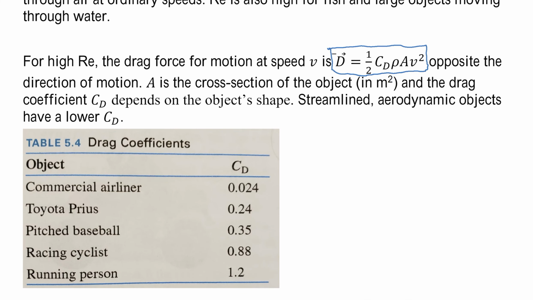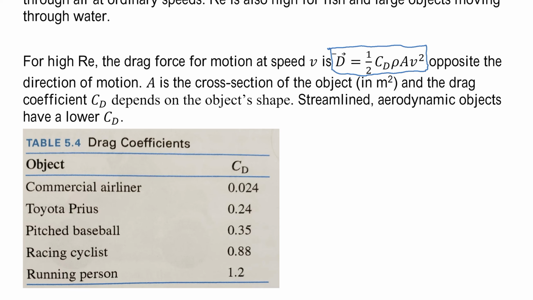Times, what is that letter? That's rho. Times A. That is the cross-sectional area of the object. So that'll be meters squared. Times V. That is the velocity squared. Okay? And this will be opposite in the direction of motion.